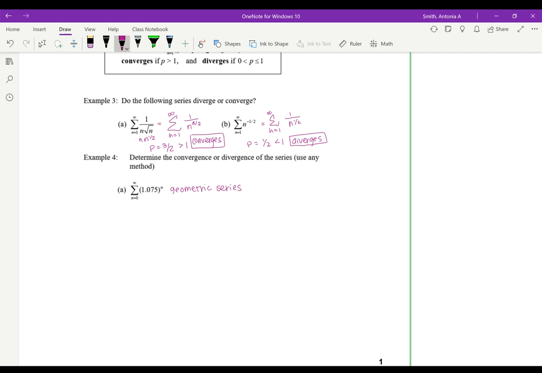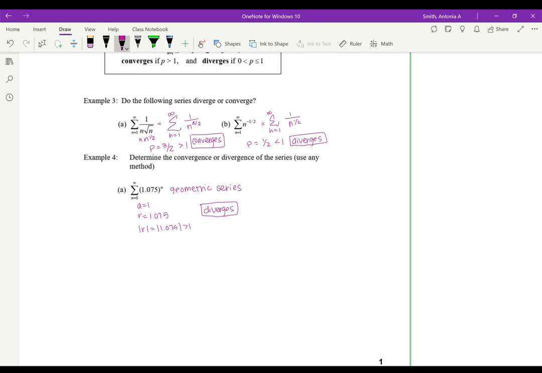So all we really need to do is find r, okay? a in this is 1. r is 1.075. So we're looking at, does the absolute value of r, which is the absolute value of 1.075, is it greater than 1, less than 1? This one's greater than 1, so this diverges. That's a pretty quick and fast test.